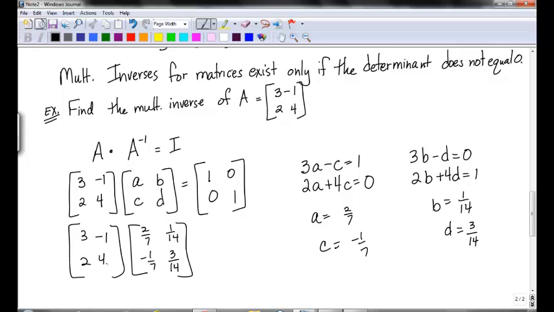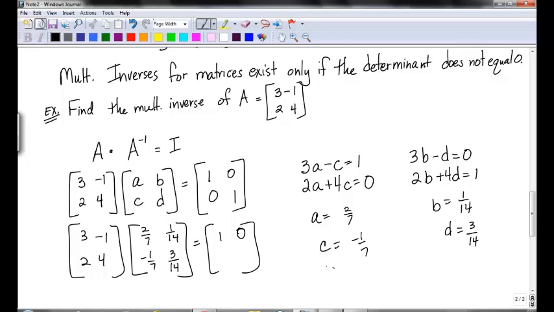Because you got to end up with this identity. Go this way. This would be a negative, or 6/7, and a positive 1/7 would be 7/7 would be 1. Yeah, that checks. This row times this column would be 3/14, and a negative 3/14 would be 0. Yeah, that checks.